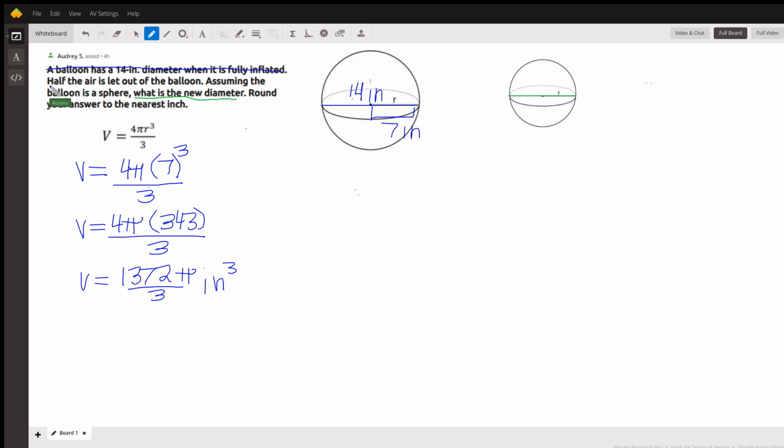Now let's get to part 2. Half of the air is let out of the balloon. So you have to think: basically, half of the volume is now gone. What that means is we can take this volume here and divide it by 2, because we're cutting the volume in half. Let me put it over here, because we're talking about this balloon now.